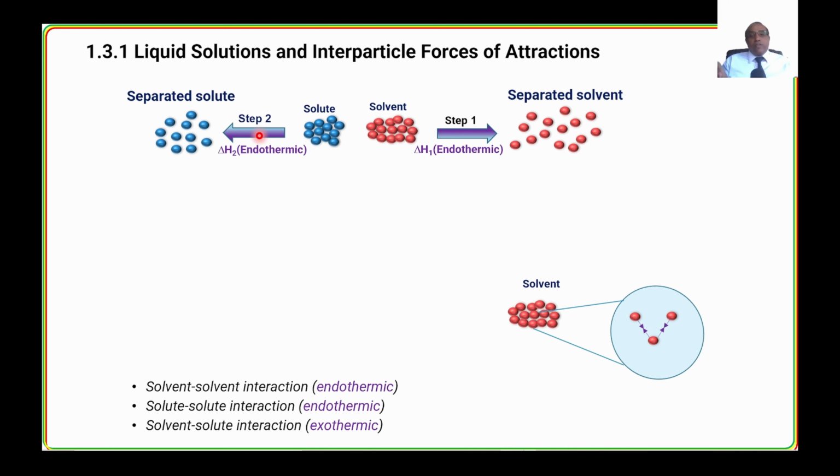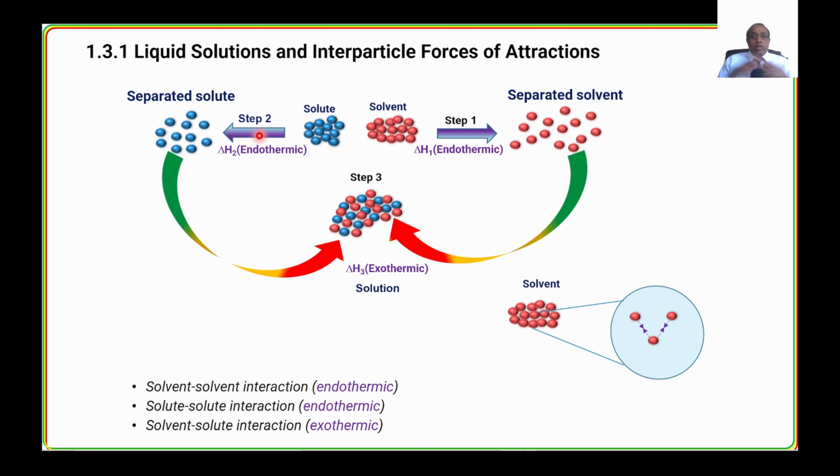In general the dissolution process can be understood using these 3 steps. These 3 steps are useful to understand the dissolution process. Now let's go deep to understand what's happening at molecular level. The third step is exothermic. Energy is released to the surrounding, that's why it shows you this explosion.